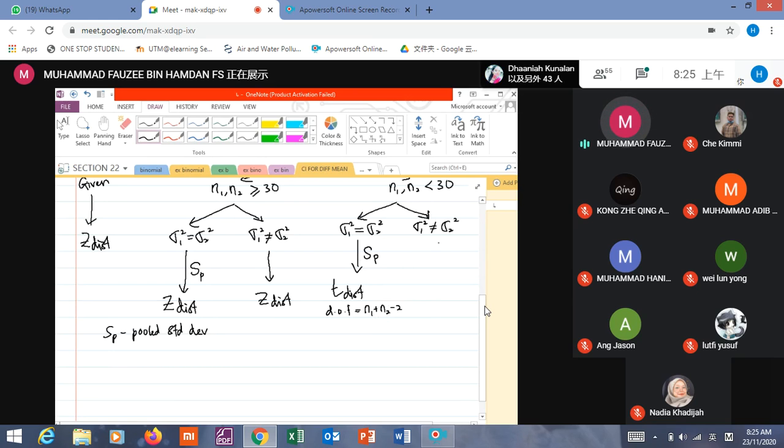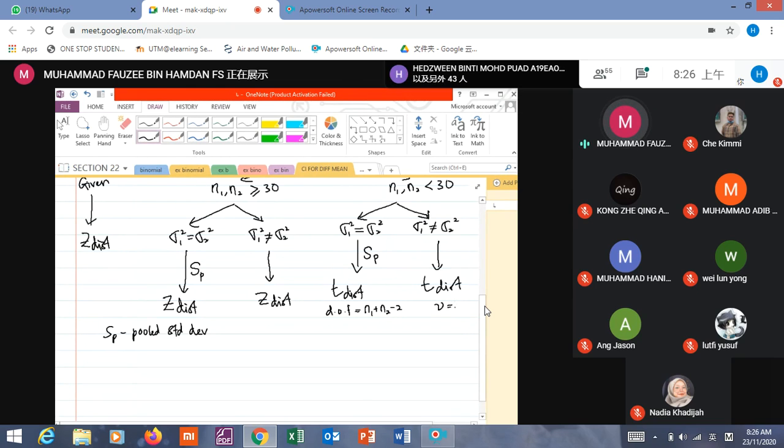The final case, case number 5, since the variances are different, you don't have to calculate SP. In this case, we use the T distribution, but the degrees of freedom for this one you need to calculate by using the formula.